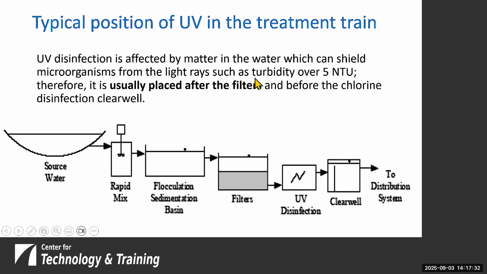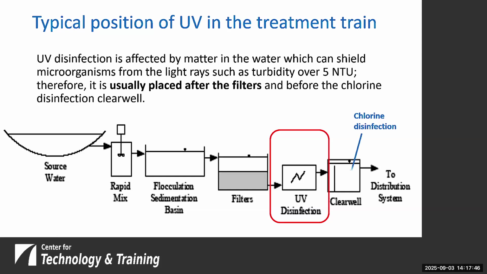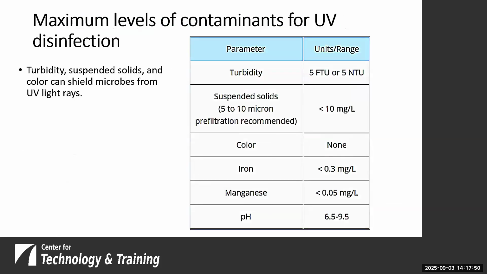Microorganisms, if there's turbidity over 5 NTUs, that can affect the efficiency of UV disinfection. So right there is where we would put it: after the filters, before the clear well, and before chlorination, or at least final chlorination.